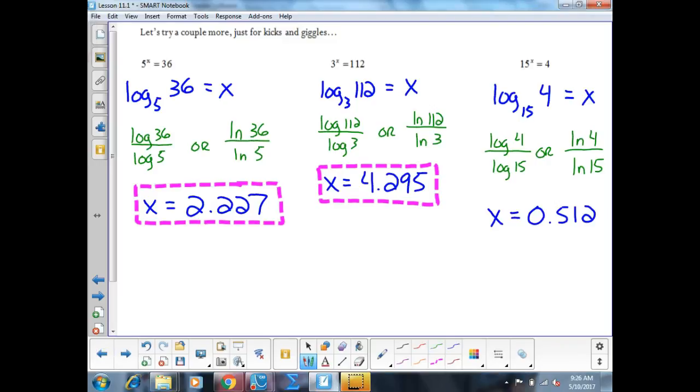Why does it make sense that 15 to the x power equals 4 is roughly 1/2? Taylor? Because on the number line, there's 0 and 1. Log base 15 of 1 equals 0, and log base 15 of 15 equals 1, and 4 is kind of in between.